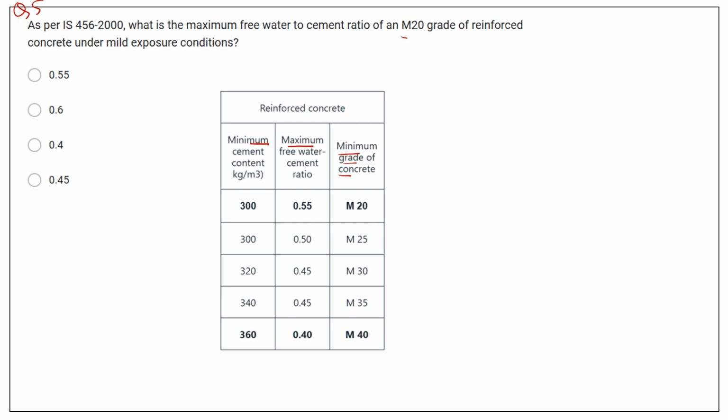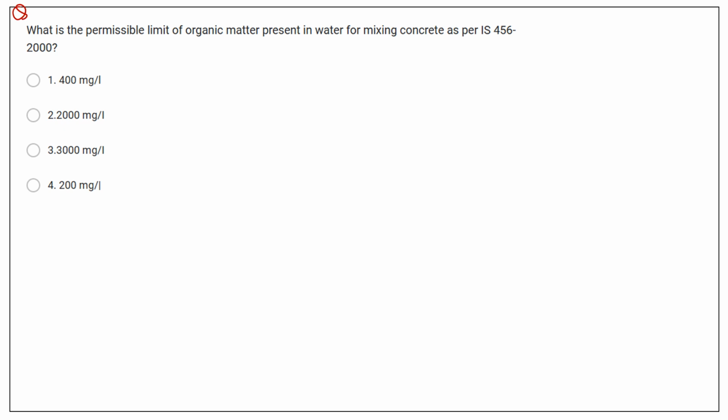Here the grade of concrete is M20. So for M20, the maximum free water cement ratio is 0.55. So option first is correct.